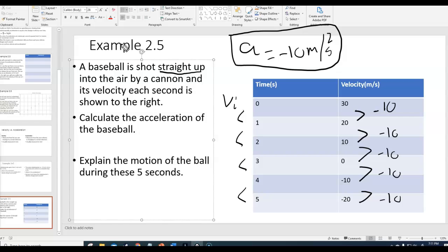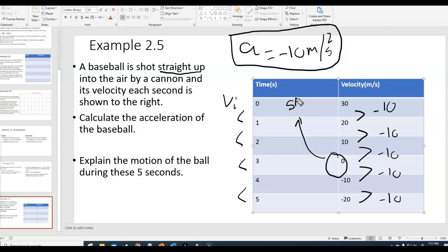So how would you describe the motion of the ball? If you look, the velocity starts off at 30 meters per second, and then the number part starts to decrease. It goes from 30 to 20 to 10 to 0. If your velocity is 0, that means the baseball has stopped.